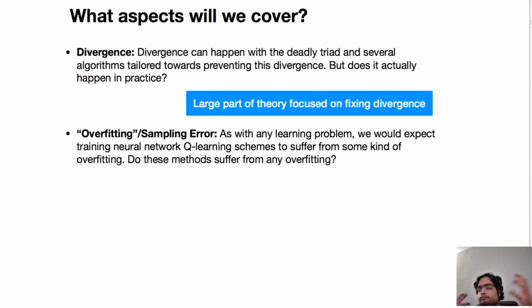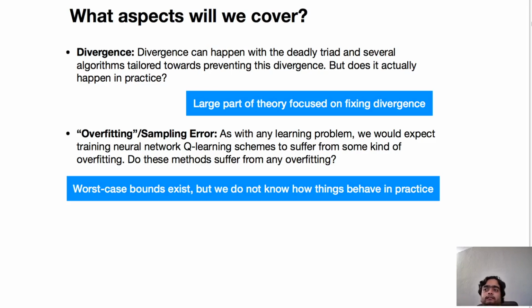The definitions of generalize and being good on the training data are somewhat unclear in the Q-learning setup, but you broadly understand the point when you draw a connection to supervised learning. So do Q-learning methods or deep Q-learning methods actually suffer from overfitting? That's the second question that we'll talk about.